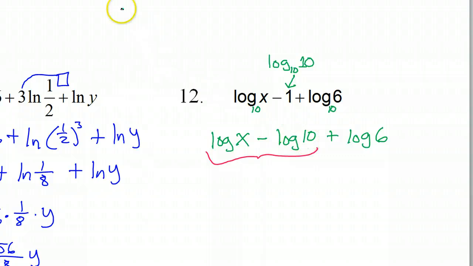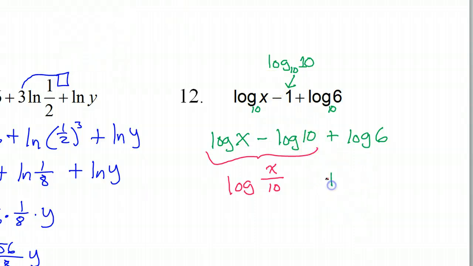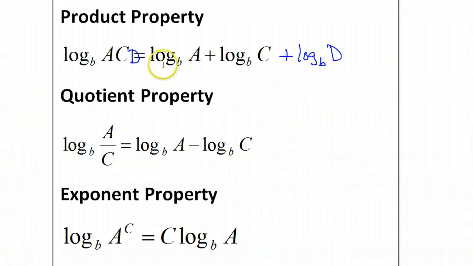So I'm going to write log of x over 10, and that would be the same as this part. For this moment, I'm just going to bring this part down. So plus log 6. Now, since this is addition, that means we're going to be using the product rule, so the sum of two logs will become the log of some product where you multiply.